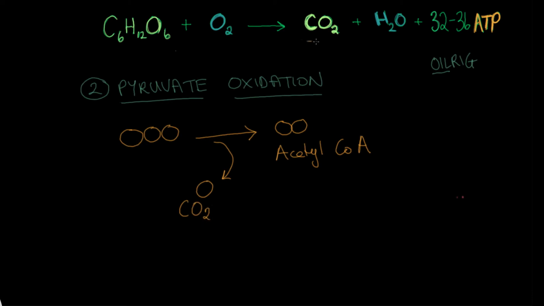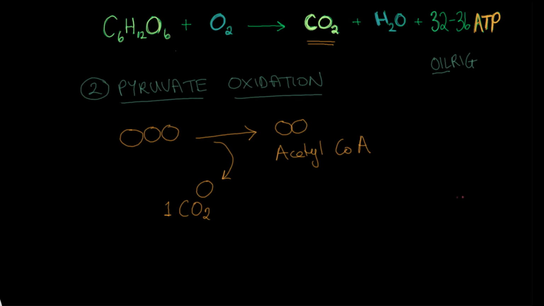So this step, the release of carbon dioxide, we're going to release just 1 carbon dioxide per pyruvate molecule. So from the 6 atoms of carbon that were in our glucose molecule, we've released 2, 1 per pyruvate molecule.